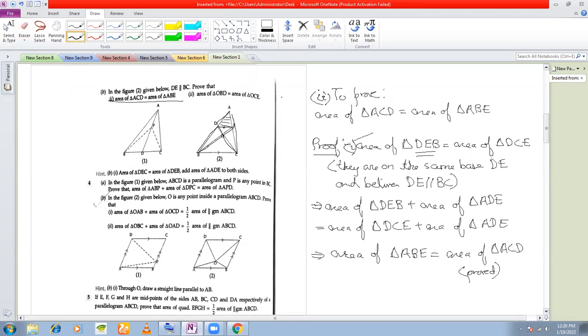What do we have to prove here? Let's see. You need to prove here that area of triangle OBD is equal to area of triangle OCE. Now let's identify what we have to prove first, and then we'll start with the proof.